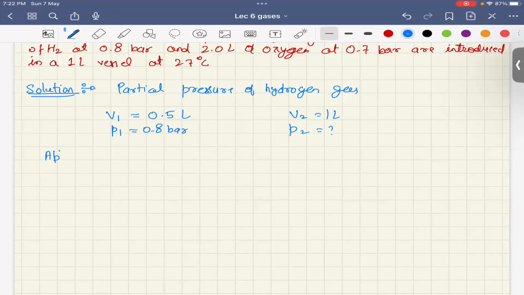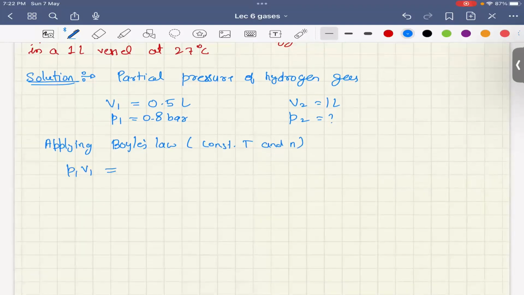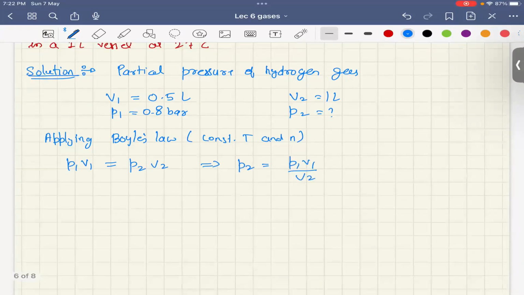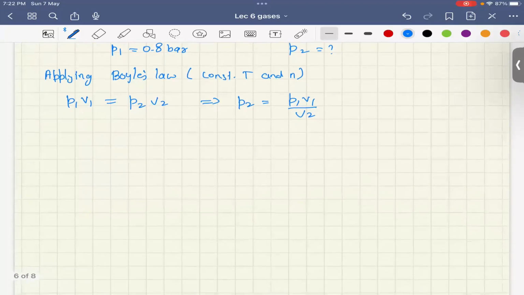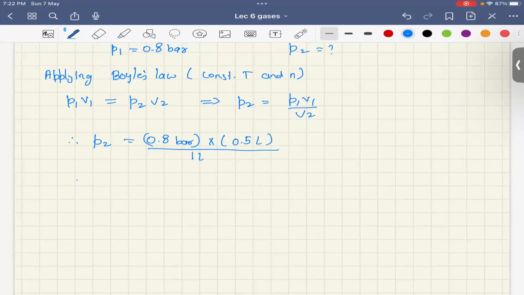So applying Boyle's law at constant T and n, P1 V1 is nothing but P2 V2, which implies P2 is P1 V1 by V2, right? Therefore, P2 is going to be 0.8 bar multiplied by 0.5 liter divided by 1 liter. Therefore, P2 is going to be 0.4 bar, right?